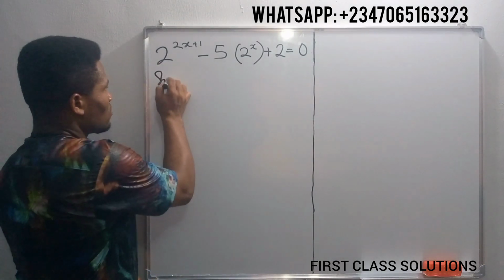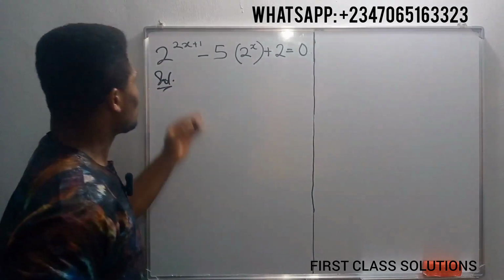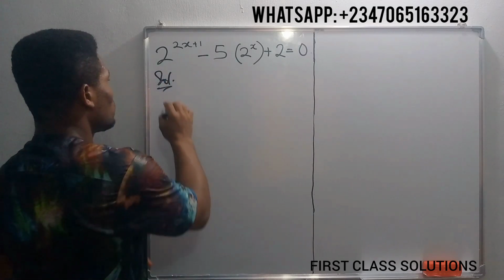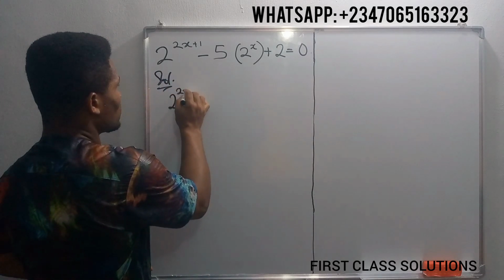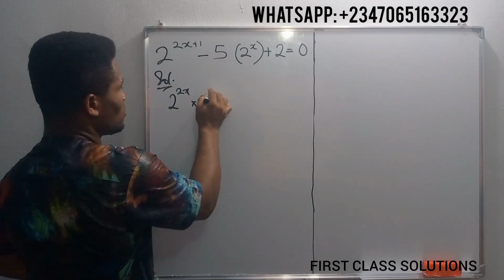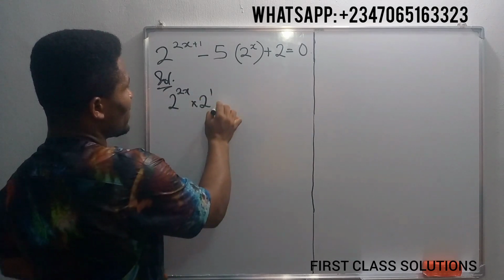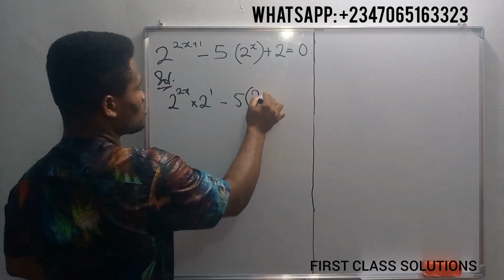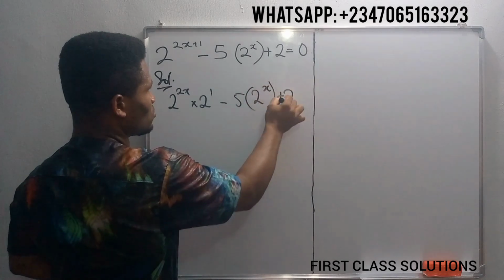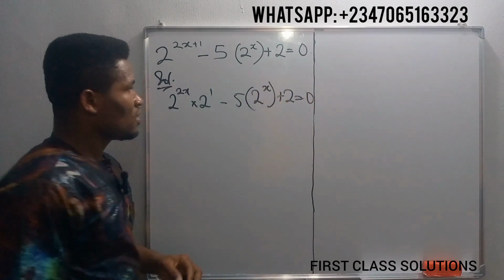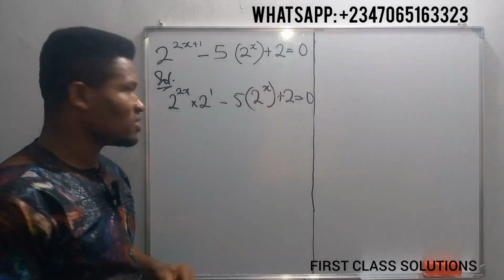First of all, we need to simply break down this expression, which is 2 into 2 power 2x times 2 power 1 minus 5 into 2 power x plus 2 equals 0. Now, some might be confused about what we actually did here.